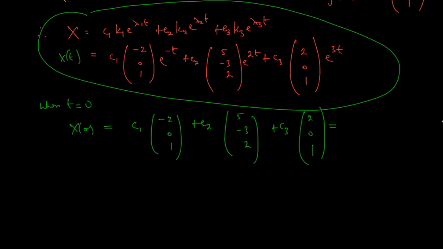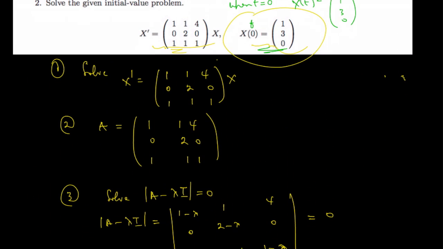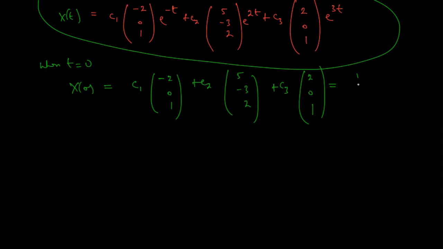We are told that this x of 0 equals 1, 3, 0.